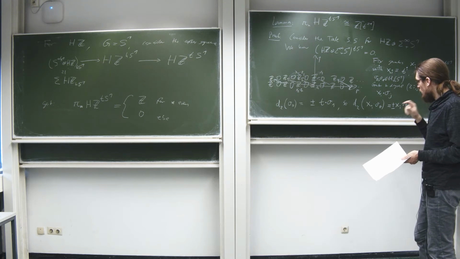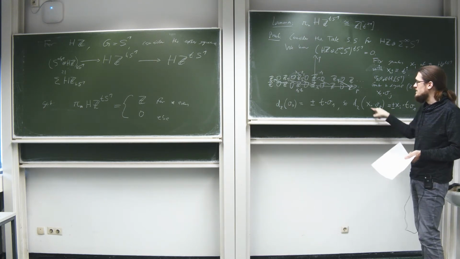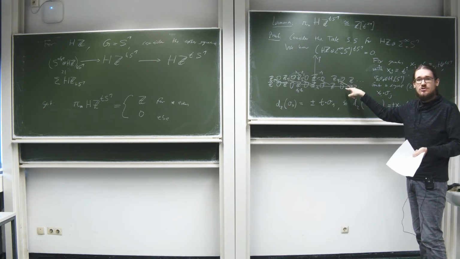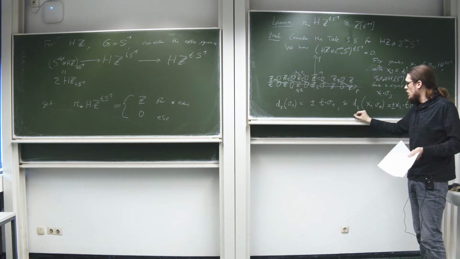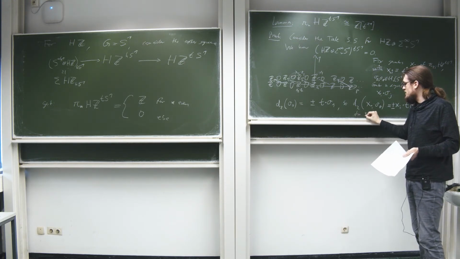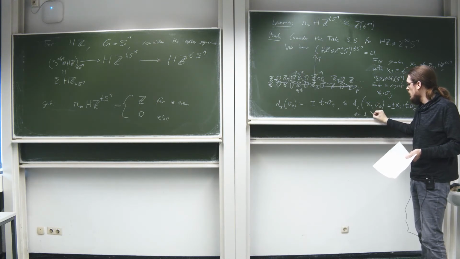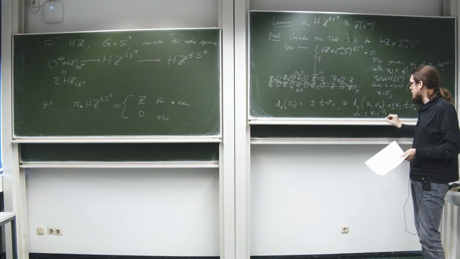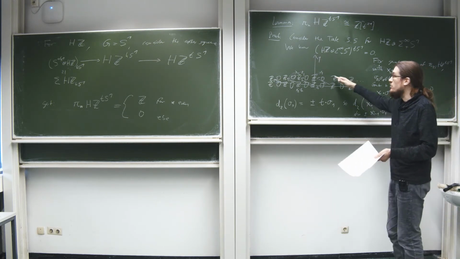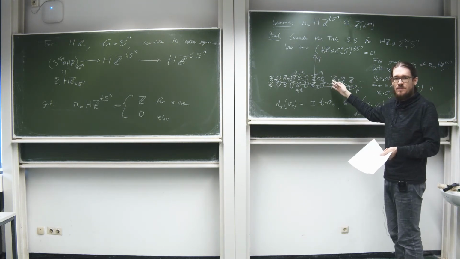But we also know, since these differentials are isomorphisms, that this guy here is also plus minus xi minus 1 times sigma 1, right? Because it has to be a generator in the respective degree.